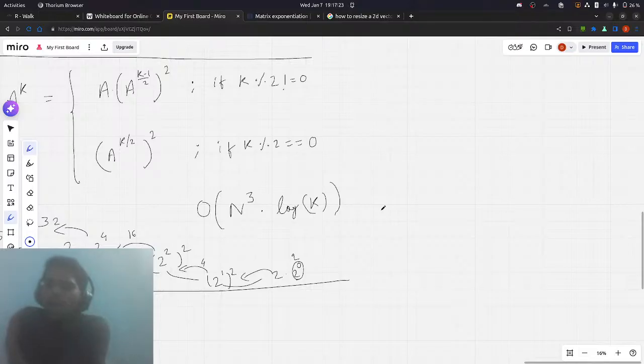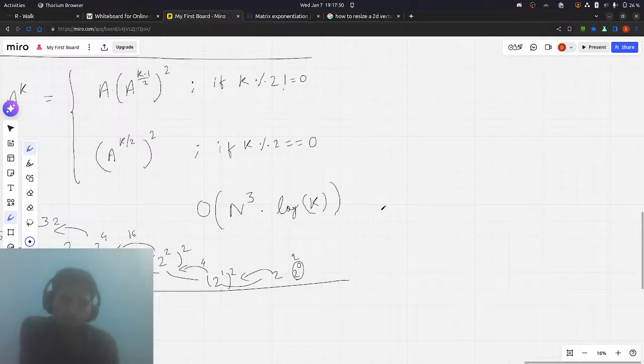Now I am more concerned about the multiplication part. We will be multiplying the matrix at most log k times.